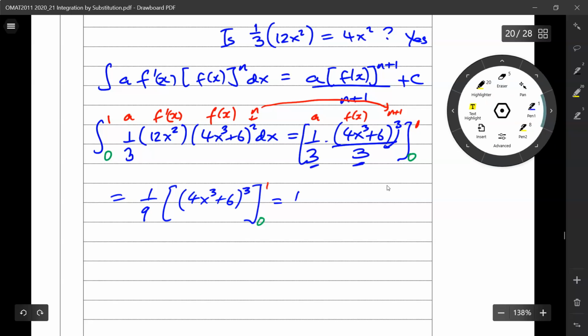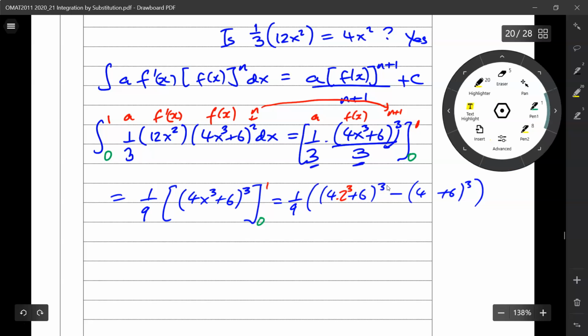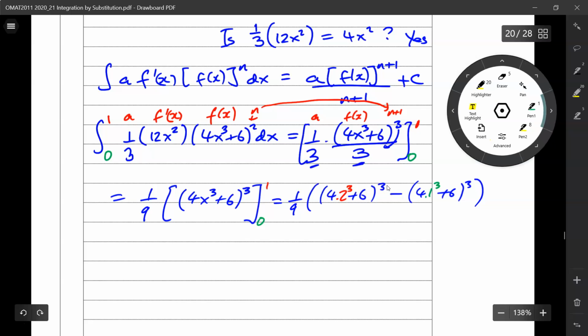So that's a 9th times 4 plus 6 cubed minus 4, leave a gap for the x cubed. And I put in the upper and lower limits, so that's 2 cubed in here. And here we have 1 cubed.